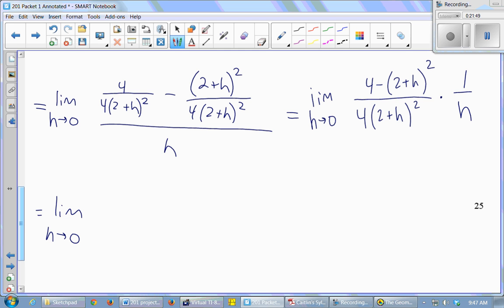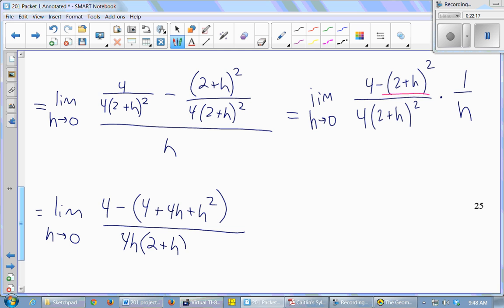Equals the limit as h goes to 0. I'm going to FOIL that: multiply out (2 plus h) times (2 plus h) and distribute that negative sign. So I'll have 4 minus (4 plus 4h plus h squared) over, multiplying those two denominators together, 4h times (2 plus h) squared.